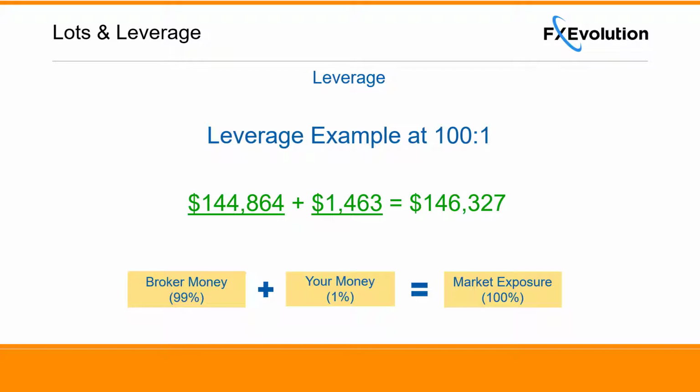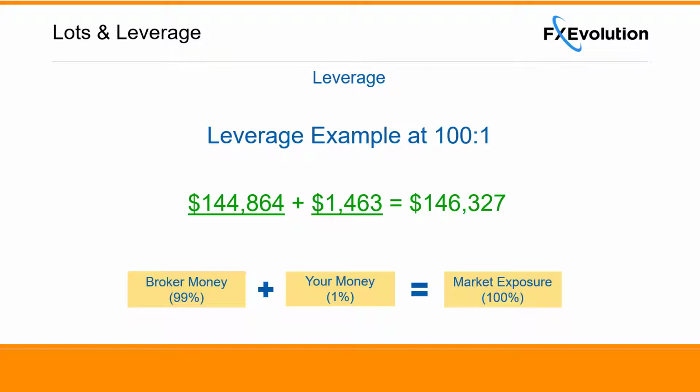This means that they will provide $144,864, and you will only need to provide $1,463, or 1% of the money, and still get the one standard lot exposure of the Great British Pound US dollar. This is incredibly unique to currency trading, and I think it is one of the most exciting things about Forex.